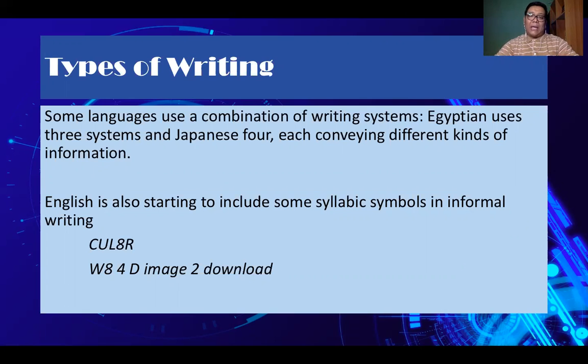Instead of spelling out see you later, our modern generation is now fond of using symbols. So instead of writing see you later, we have here initials, C U L, and 8 is used as a symbol to represent the sound 8. And then we also have here wait for the image to download. So instead of using the exact word for these sounds, they just use symbols that could represent the sound being meant in the sentence.